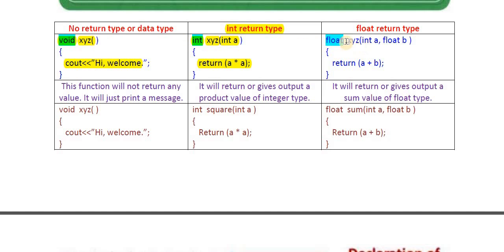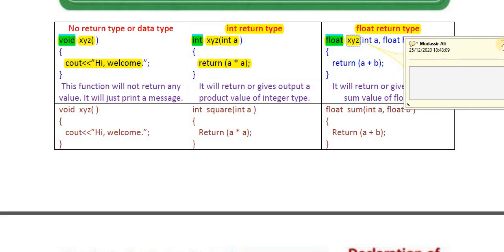Next, here we are taking the float data type, because this function will return a value of decimal type, like 10.5, 1.2, 3.6. When the output is a decimal value, we have to take the data type float. The function name is xyz.